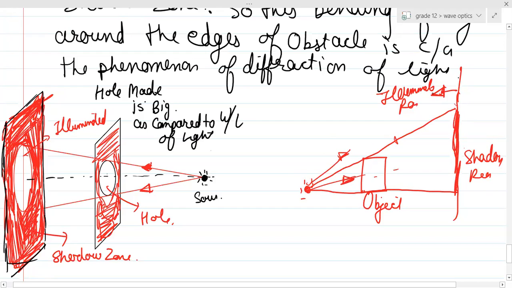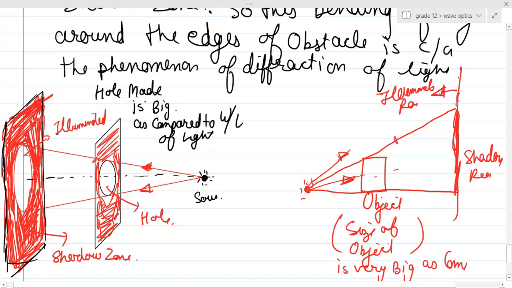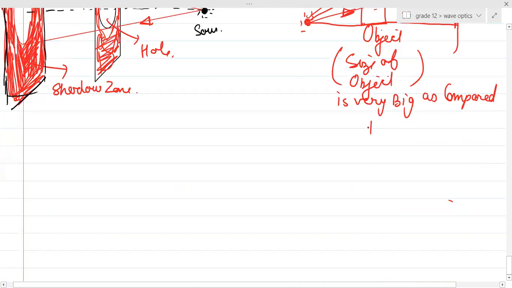This is all happening when the size of the object is very big as compared to the wavelength of light, right?